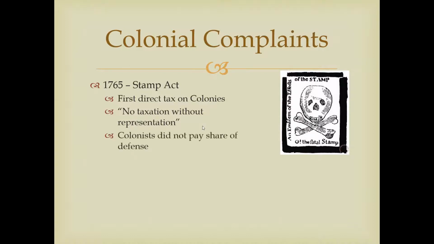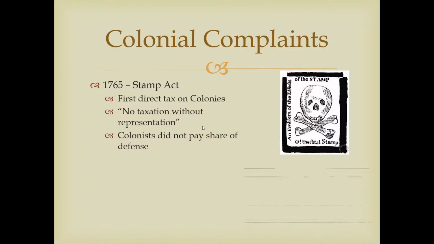And the British basically say, "Well, colonists don't pay their share of defense. They've never paid for the soldiers that are stationed in the colonies. The British Crown has paid for all of this, and we've basically said this is all free, so now you have to pay what's due."